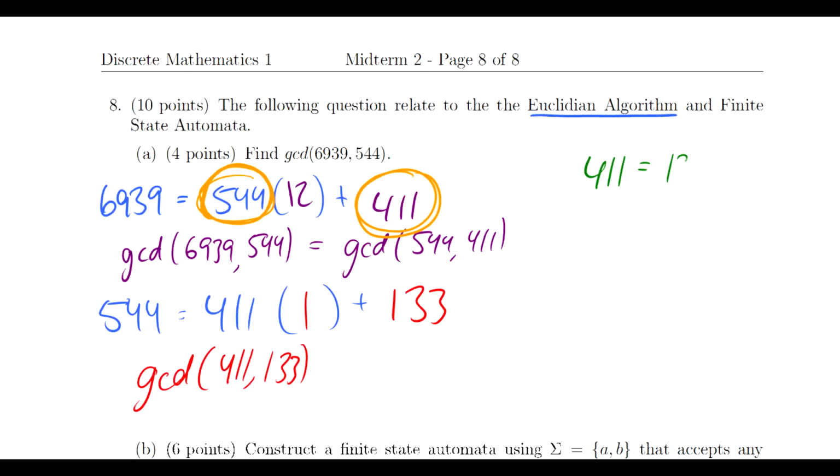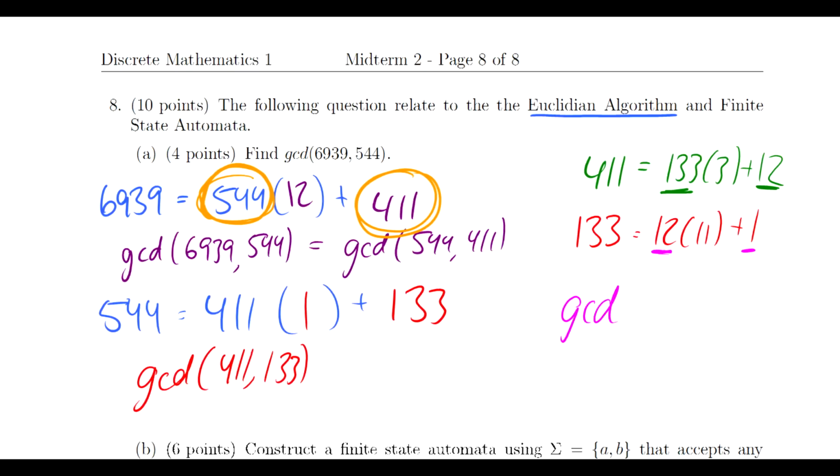So 411 is equal to 133 times 3 plus 12. So then we take the GCD of 133 and 12, and we get that 133 is equal to 12 times 11 plus 1. So then we take the GCD of 12 and 1, so we know that the GCD is just equal to 1. Because the greatest common divisor of 12 and 1 is just 1.